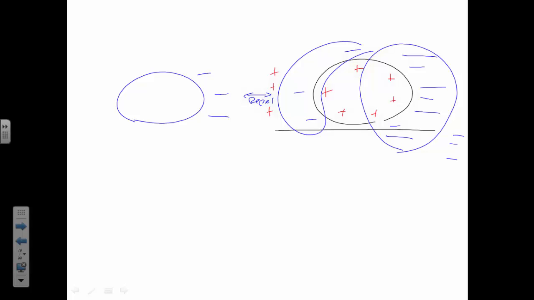But theoretically, I could bring this close, and this side will be more positively charged, this side will be more negatively charged, and it'll look like they're excess electrons, and so I could put a wire down to the ground and bleed them off, because the ground will take all those excess electrons and neutralize things. And then if I disconnected it, I would have excess protons left on here with fewer electrons, and this would be positively charged. That's what we call charging by induction, all right? And they have a nice diagram of that in the book on page 500.